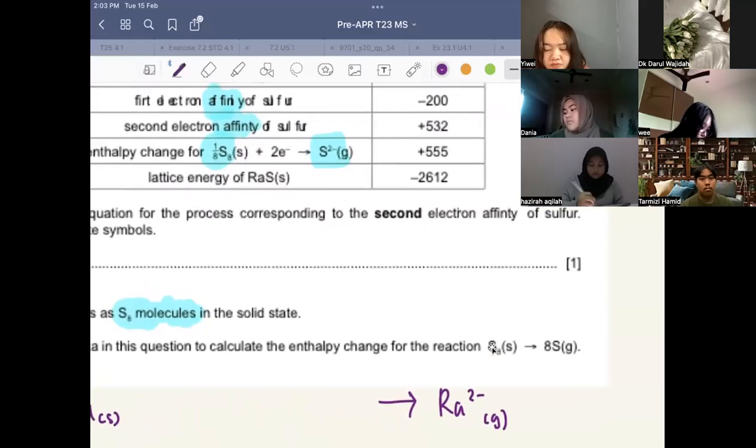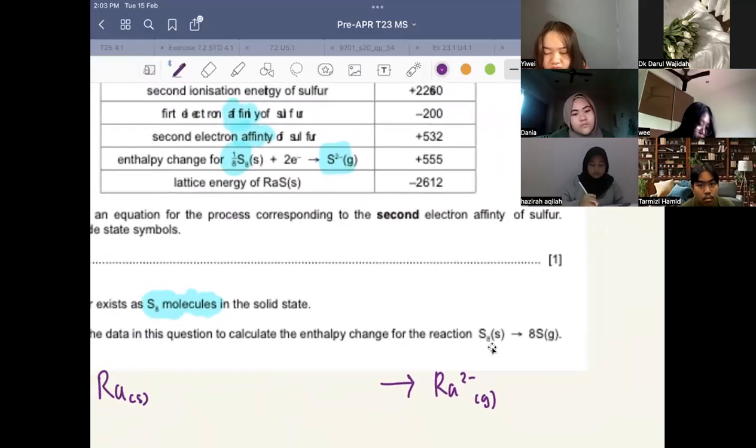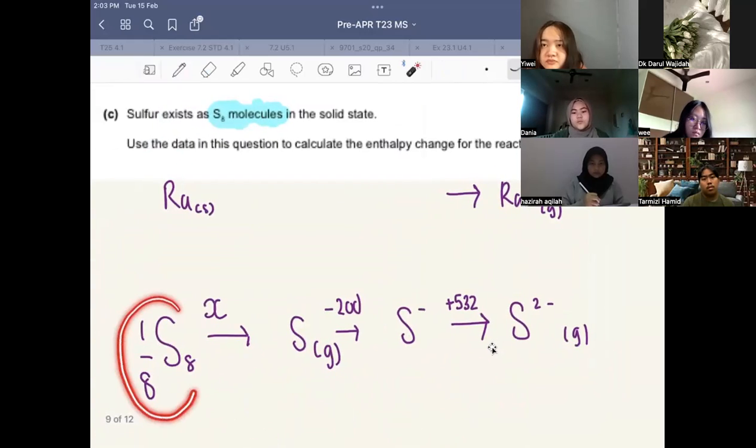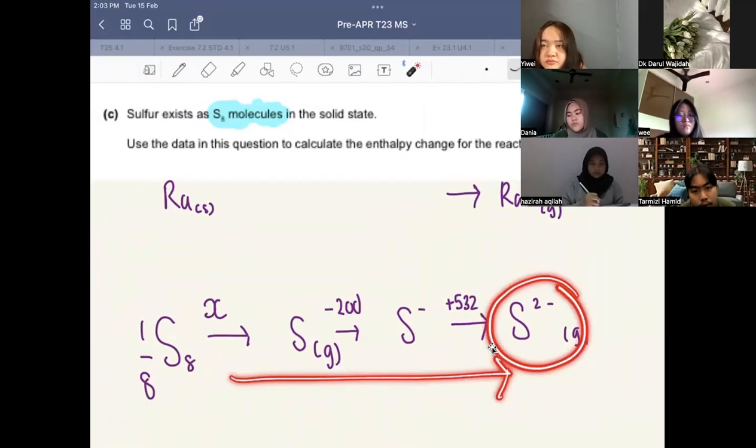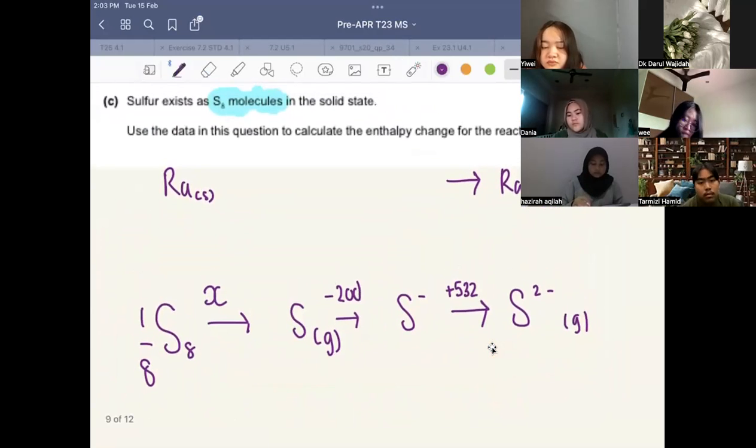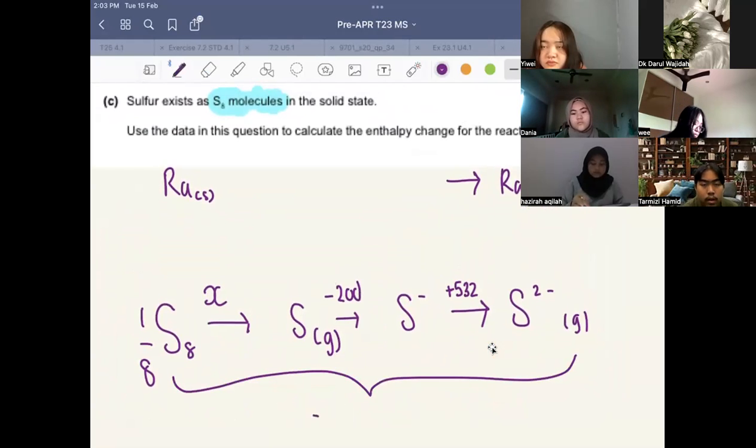Now, can you see this? Enthalpy change for 1/8 S8 to form S2- is 555 kilojoules per mole. That means the process of this whole thing is 555 kilojoules per mole.